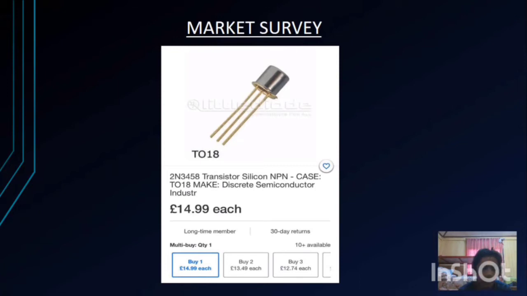Here we can see the price, where buying one gets 15 USD, while buying two gets 13 USD.